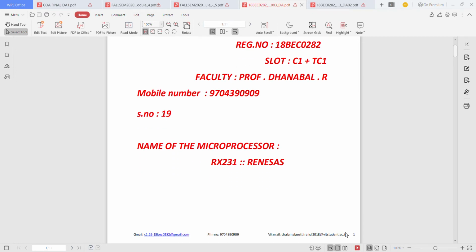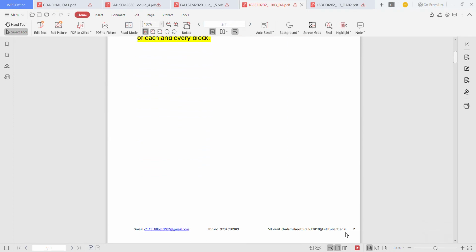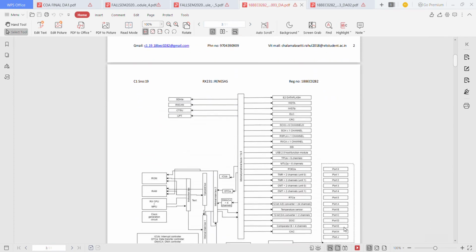Here I'm going to show a block diagram of the microprocessor which I have drawn.